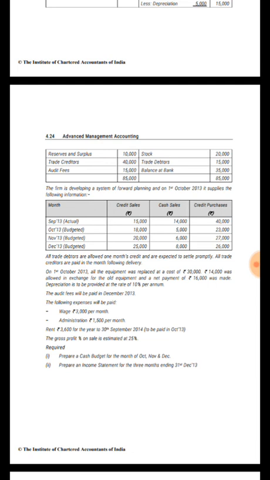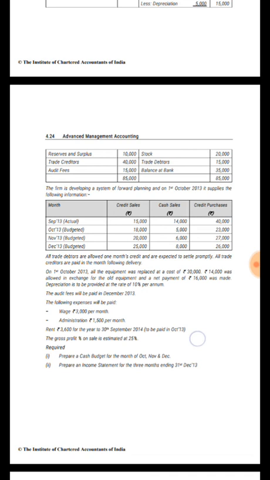Okay, but all trade creditors, meaning credit purchases, are paid in the month following delivery. Okay, means for September the payment is in October, for October the payment is in November, like that.